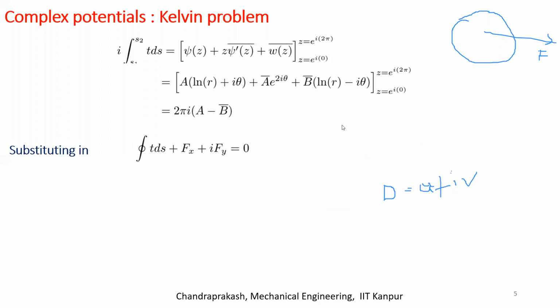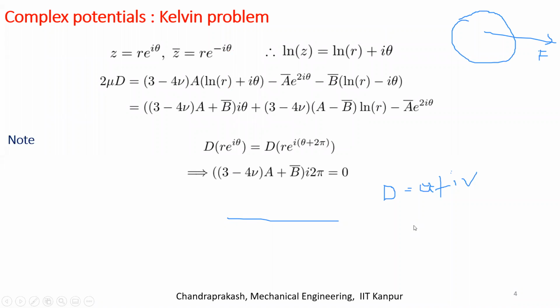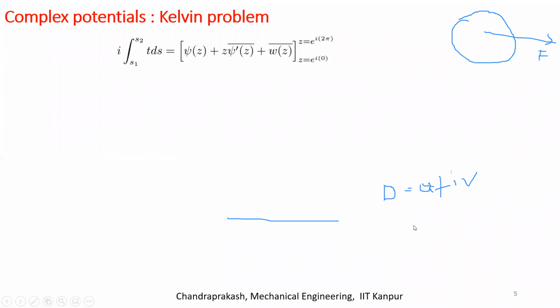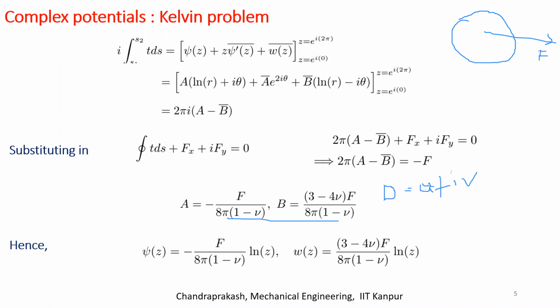How do we write it in terms of psi? It is given here, right? You know psi and omega, and you can identify displacement. And once you know displacement, you can identify remaining quantities like strain and stress. Okay. So that is all there is to this problem.